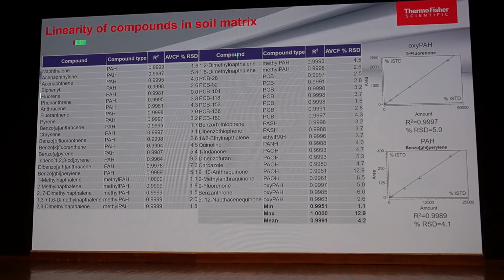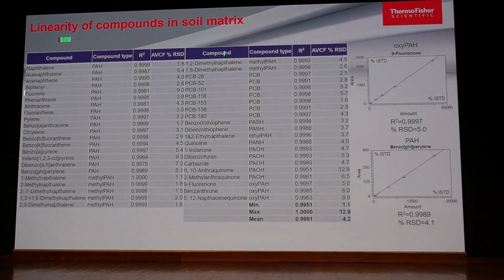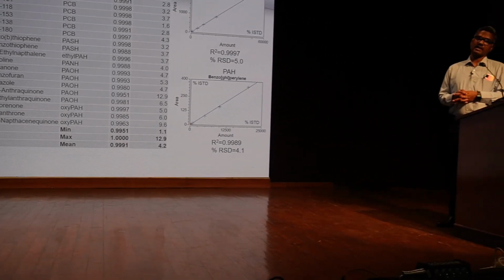Achieving the detection limit at low level is a big challenge, because you can easily see the signal, but that signal should pass the mass accuracy criteria.